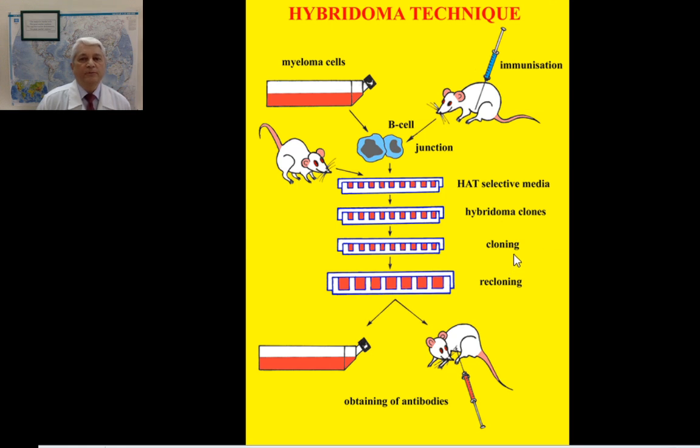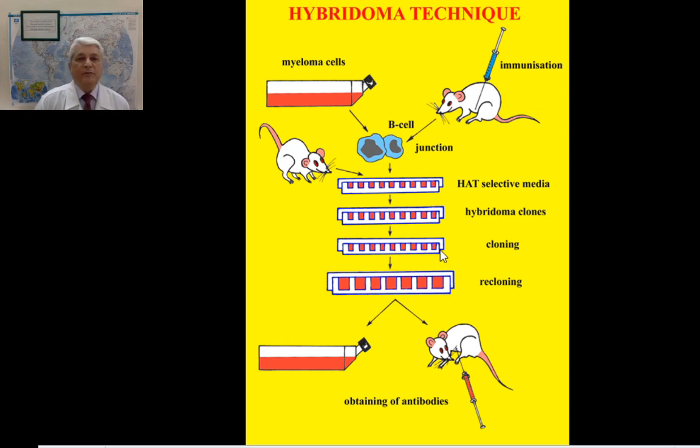What is cloning? We take, for example, from one of these test tubes a very small amount of cells, for example, only 30 cells, and pour the solution of these cells into 96 test tubes. So only 30 cells to 96 test tubes.